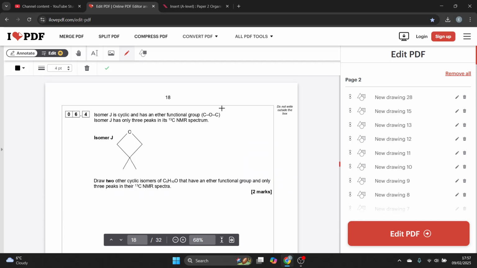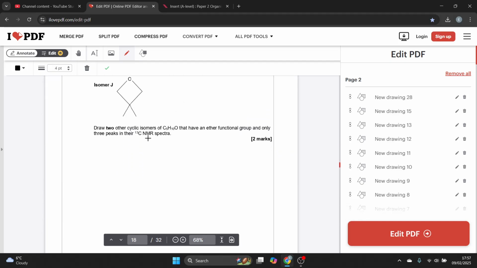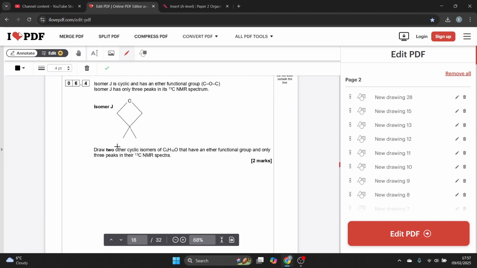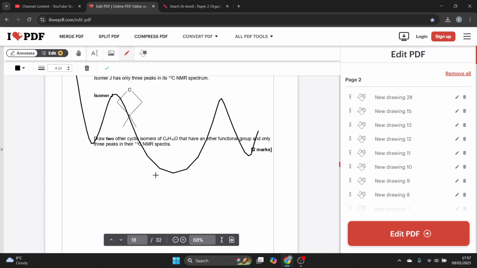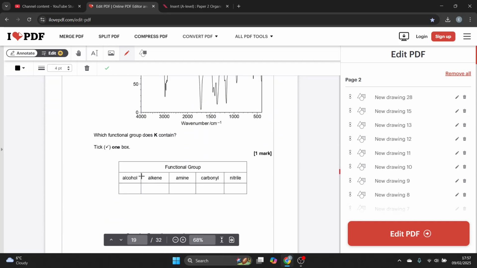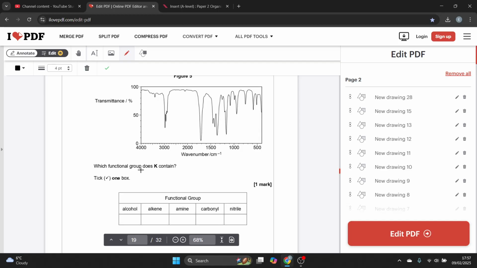Question 6.4, draw 2 other cyclic isomers with an ether functional group and only 3 peaks in the 13C NMR spectrum. Can't do this question. Question 7, which functional group does K contain?